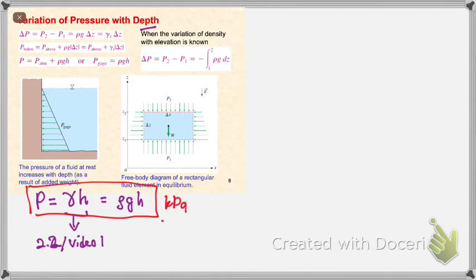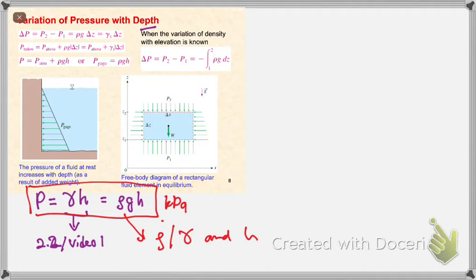The unit is kilopascal. So from this equation, we know that pressure is a function of the density or the specific weight and also H. So pressure will change if you change the fluid or if you change the height.